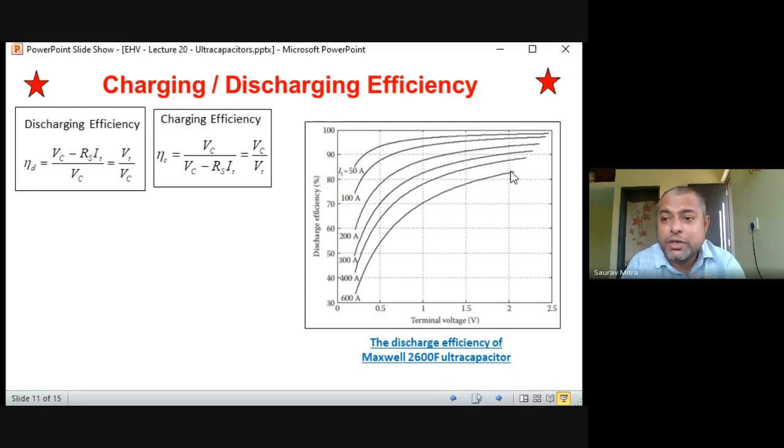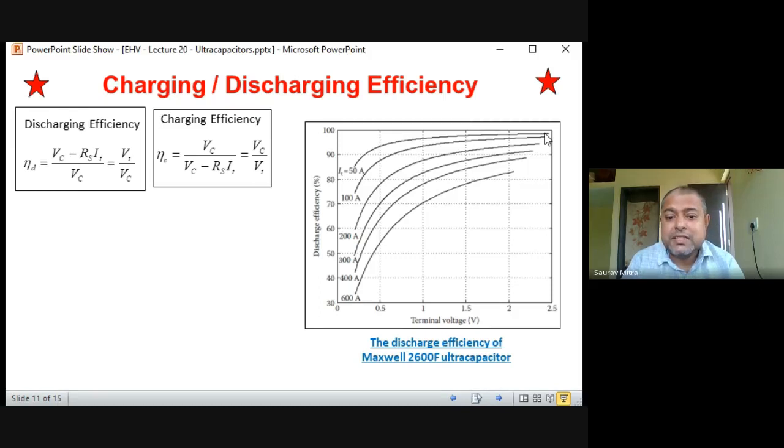That means the initial voltage, when Vc should have been 2.5, will not be 2.5, it will be 2 only. So 80% of 2.5 is 2. So if you are asking for huge current from the ultracapacitor, it will not start from even its peak voltage. But if you are asking for smaller current, 50 ampere, it will almost start from 2.5 volt.